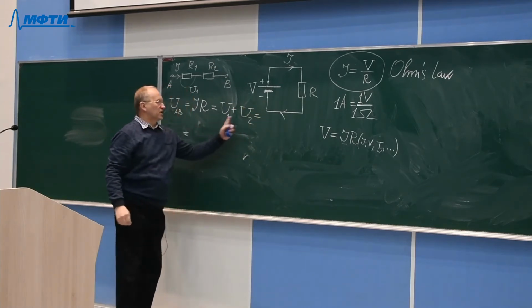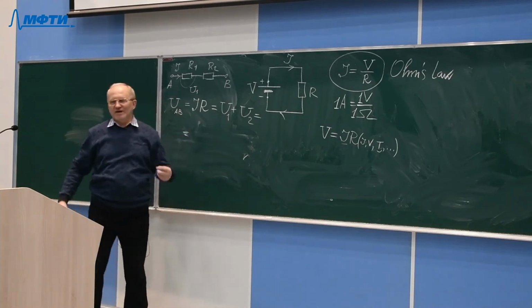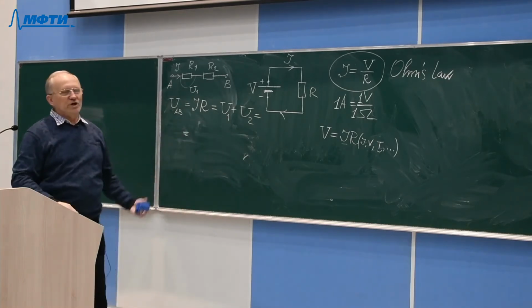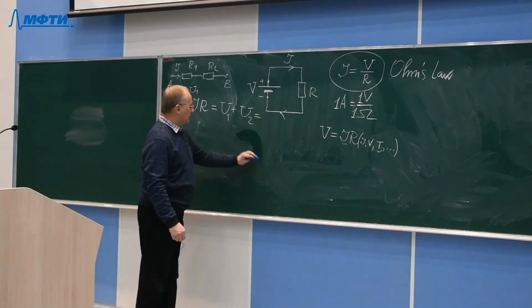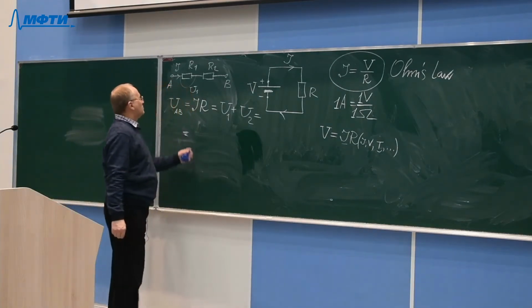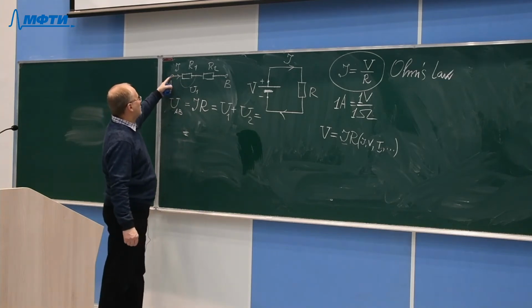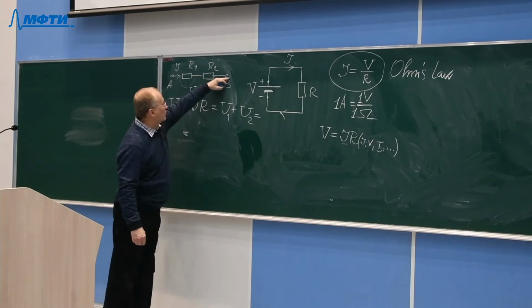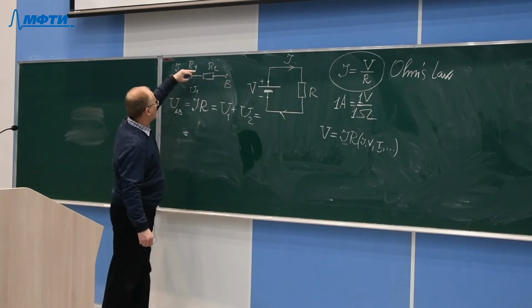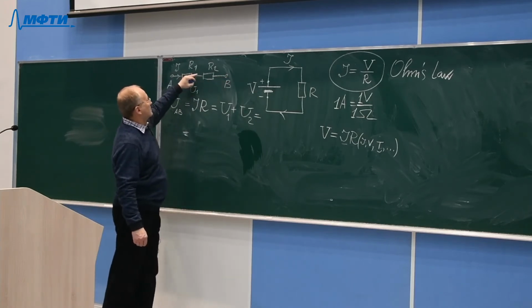Why so? Because the potential difference is defined through the work performed while an electric charge is moved. A small point electric charge is moved from point A to point B. And when we perform this work, we must first perform work on the first resistor and then on the second resistor.